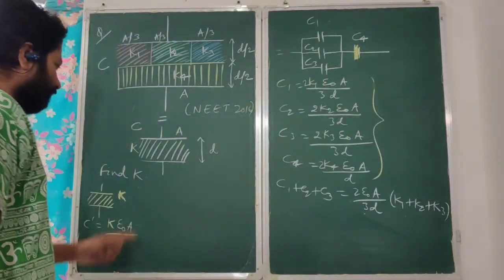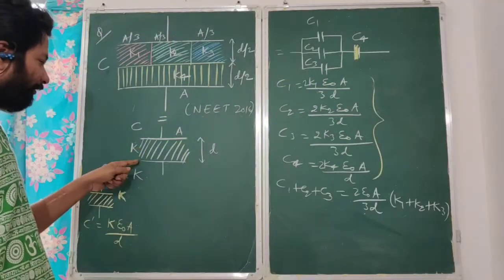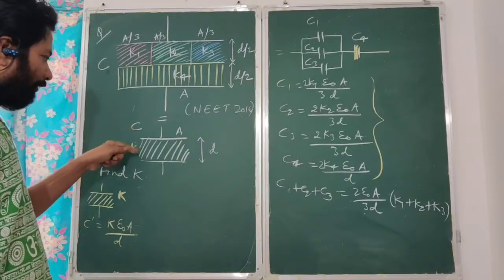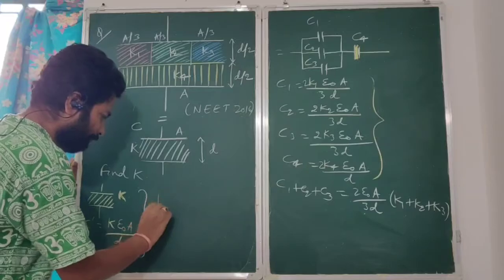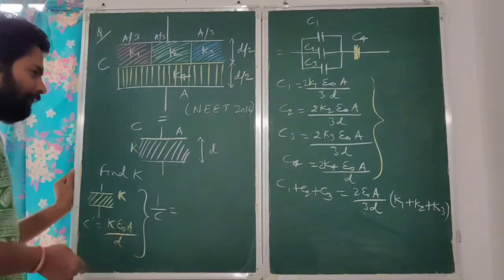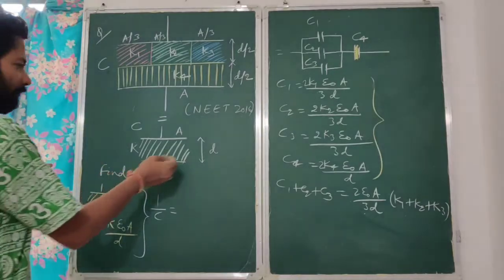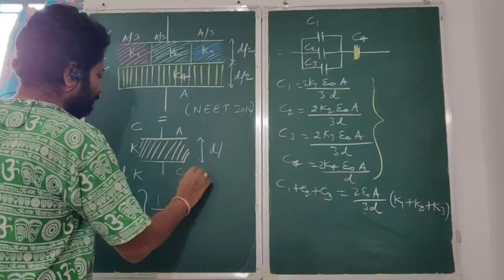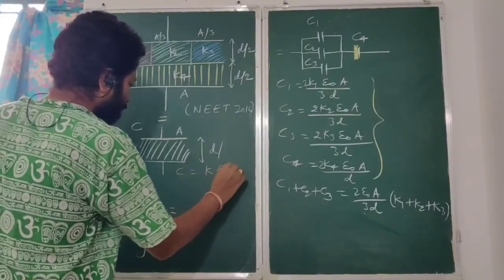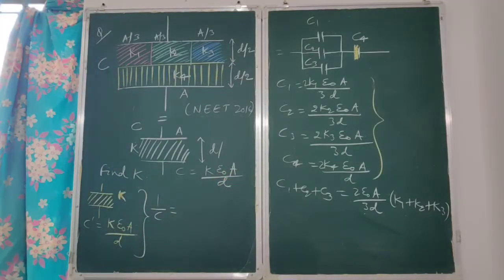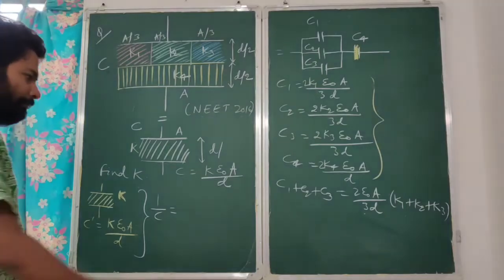So let us say the equivalent capacitance is C. So what can we write? We can write 1 by C. C will be equal to K times epsilon naught A by D, so everything we can write in those terms.